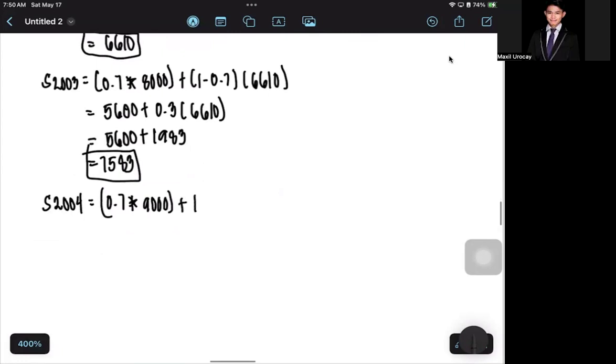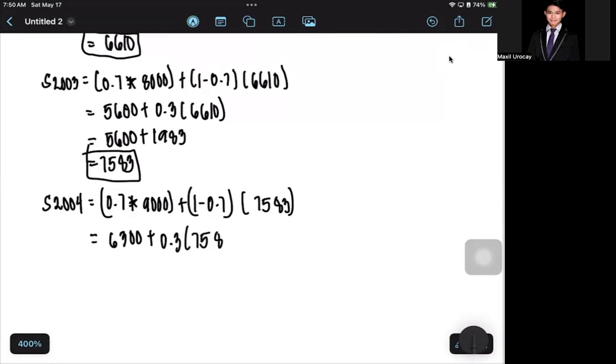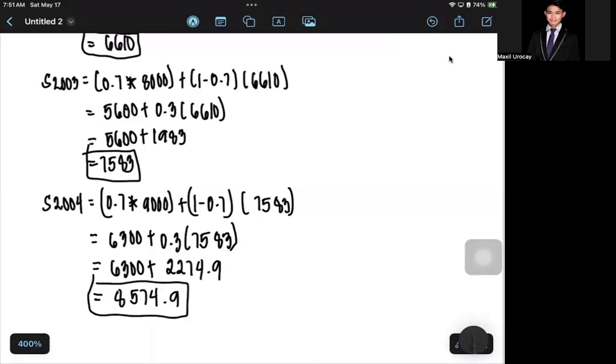Distribute everything, plus 1 minus 0.7, and then your previous smooth data is 7,583. 0.7 times 9,000 becomes 6,300, plus 0.3 times 7,583, which becomes 2,274.9. Adding 6,300, that becomes 8,574.9. So this is the smooth data for 2004.